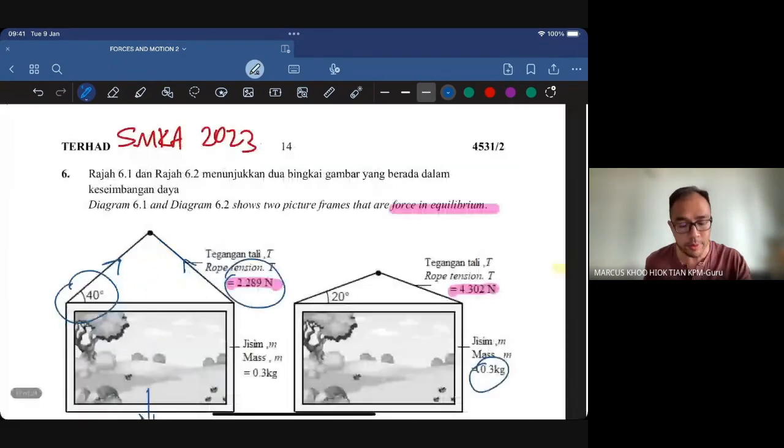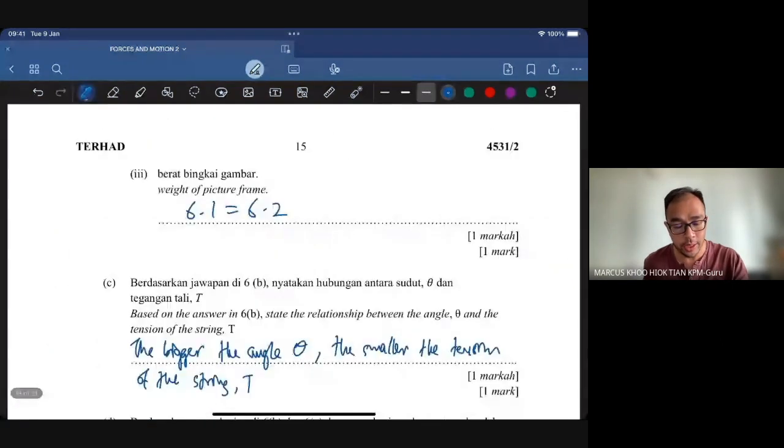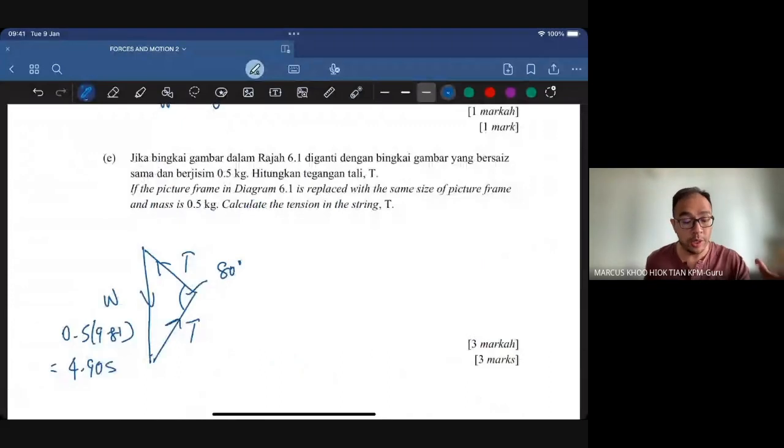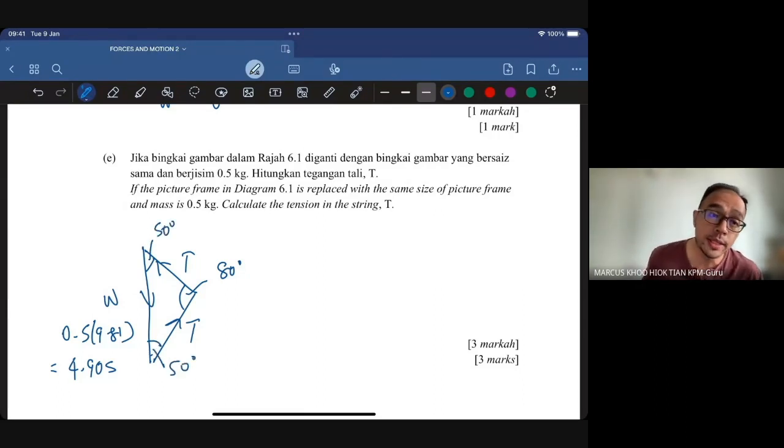We established from the Perlis question just now that since this is 40 and this is 40, and it is in equilibrium, it will be 80 degrees. So you want to calculate T. If this is 80 degrees, then this is 50 degrees, and this is also 50 degrees. You can use either the sine rule or the cosine rule. I guess using the sine rule is better.